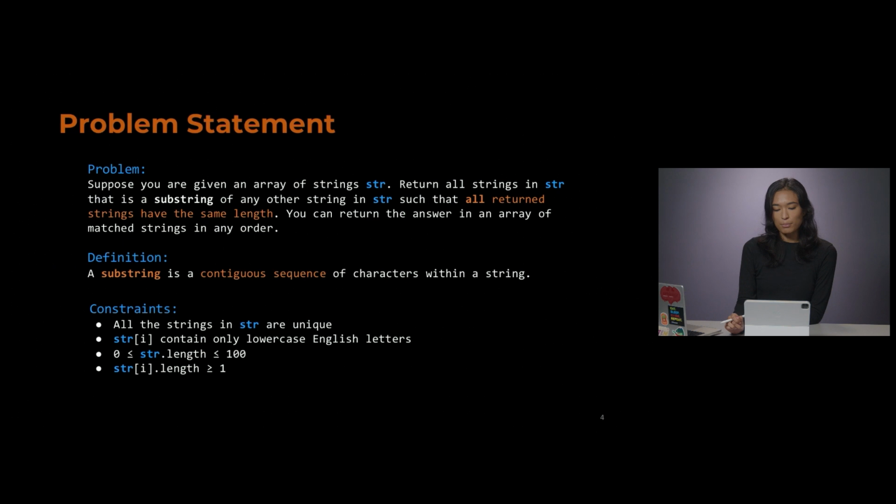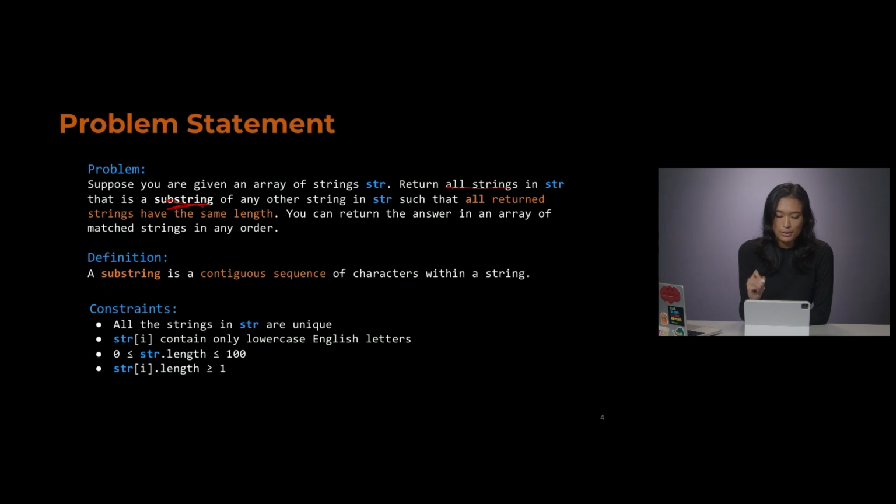So to begin with our problem statement, we first want to understand the important details in the problem statement that's given to us. Suppose you are given an array of strings, str, and return all strings in str that is a substring of any other string in str, such that all returned strings have the same length.